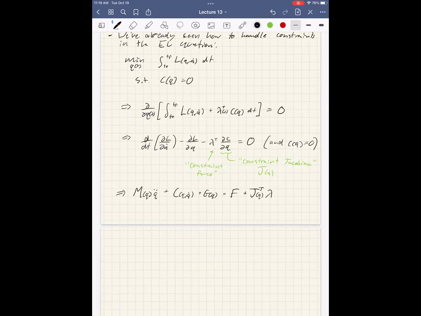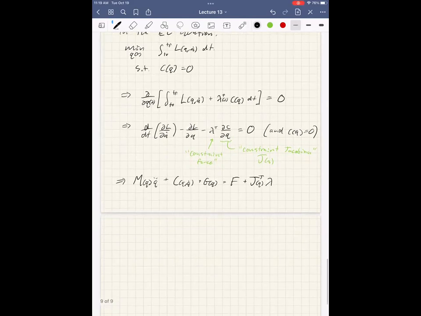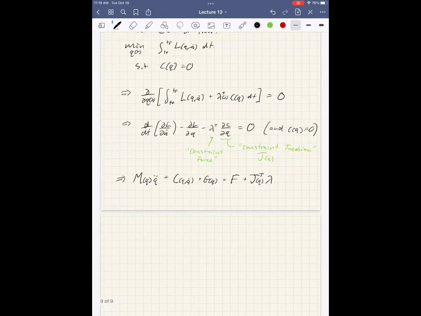Who hasn't seen this before? Okay, few people. So if I want to now simulate the dynamics of this, I need to solve for Q double dot just like before, but I also need lambda, right? I need to actually solve for lambda and plug it in to this equation to get Q double dot.